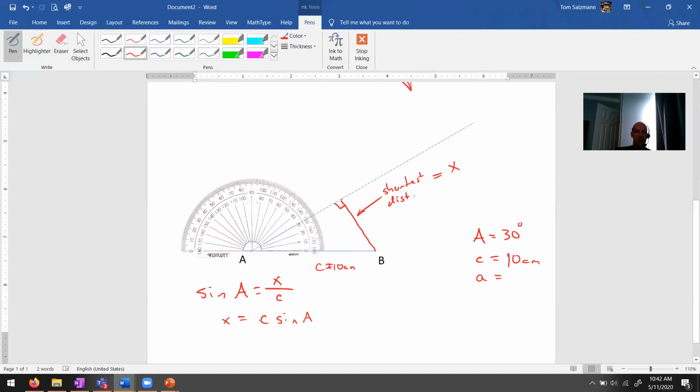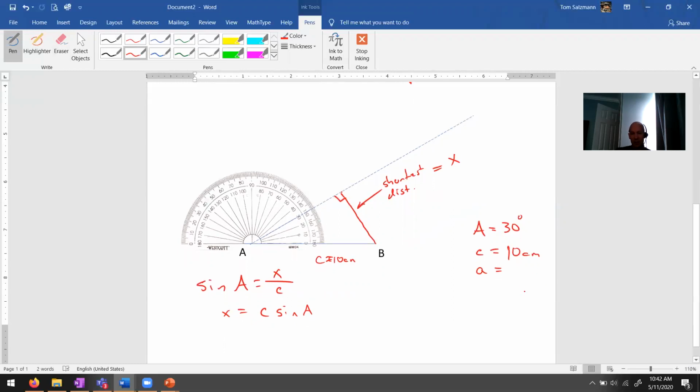So x, which is the shortest distance that this side here can be, would be given by C sine A. If I want to make a triangle, this side A must be at least C sine A. If it's not that long, I can't connect it all up. It needs to be at least that long.